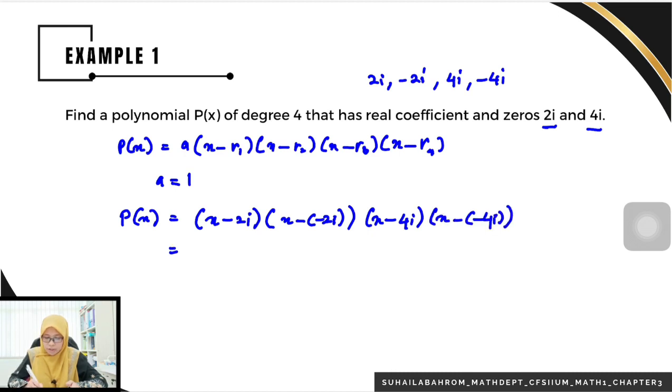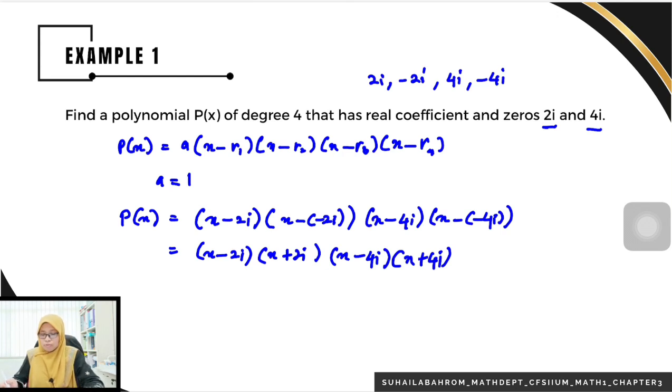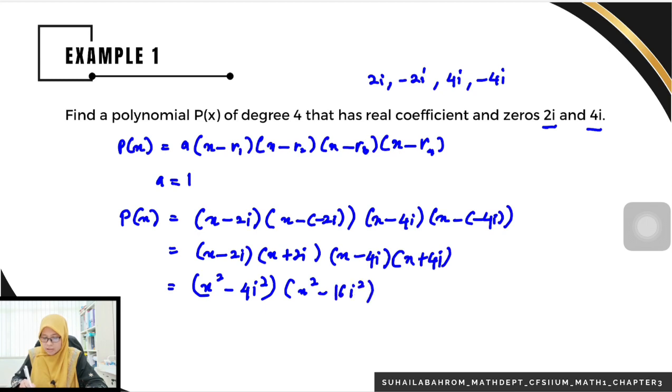When we open the brackets, you will get (x minus 2i)(x plus 2i)(x minus 4i)(x plus 4i). To get the polynomial function of degree 4, you have to expand everything. When you expand, you will get (x squared minus 4i squared) times (x squared minus 16i squared).